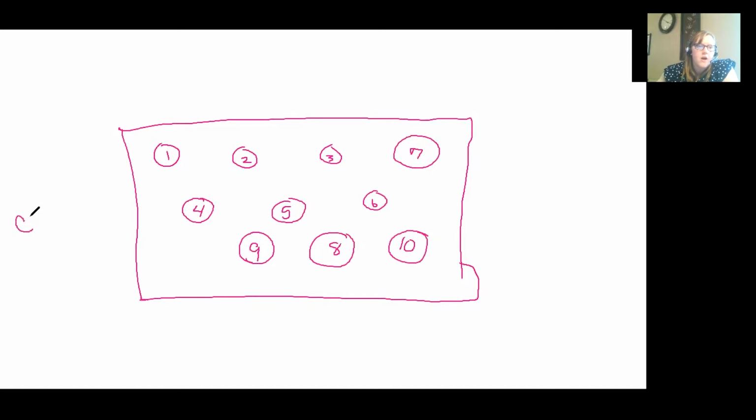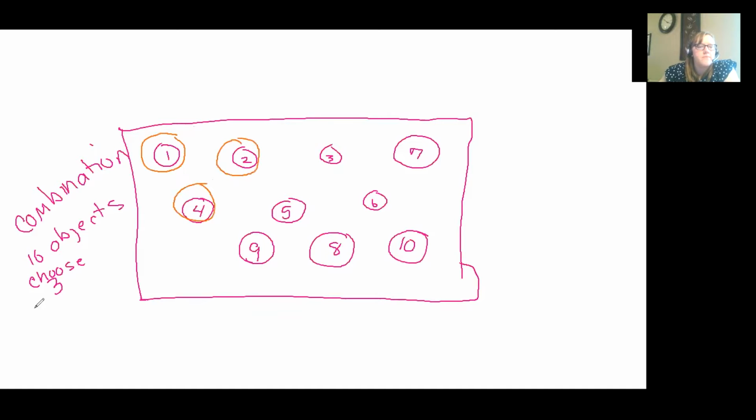All right, so combinations. Here we have 10 objects, and we want to pull out 3. Choose 3. Combination says, I'm going to take, let me use a color here, let's use orange, object 1, 2, and 4.